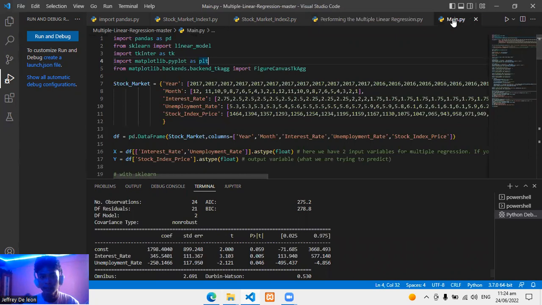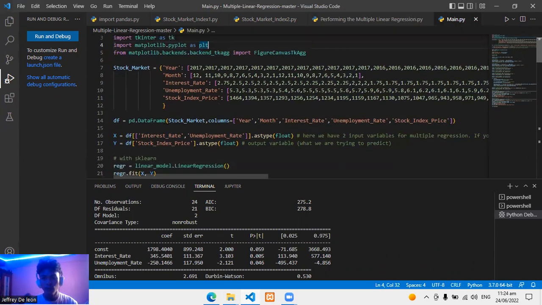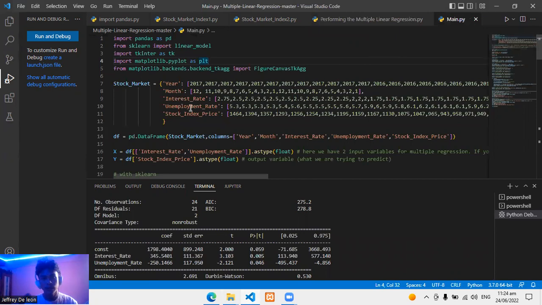And lastly is yung kabuuan po ng codes, which is we are going to use Tkinter to display the index of our output. Dito gumamit tayo ng GUI for the users to enable him or her to input a value for the interest rate and the unemployment rate.